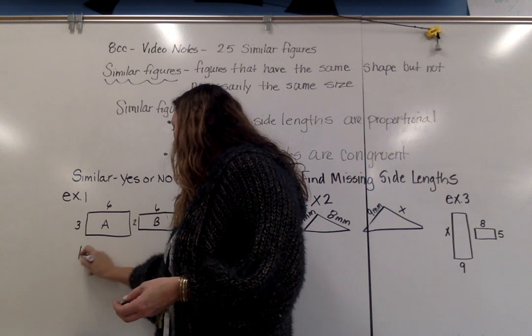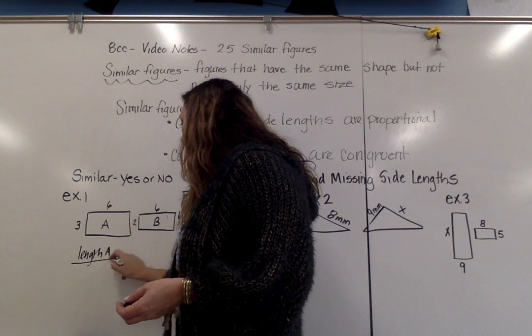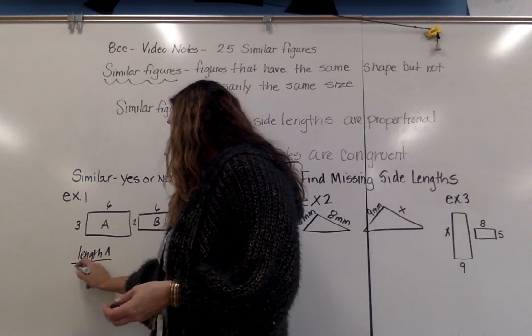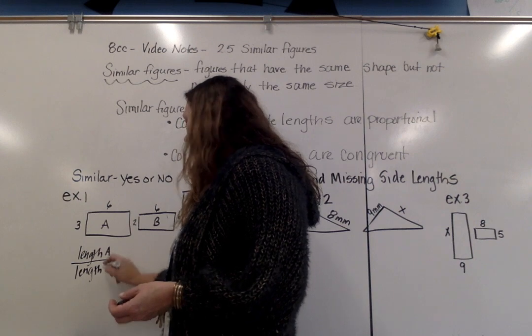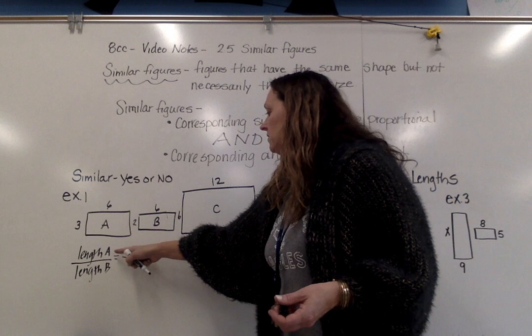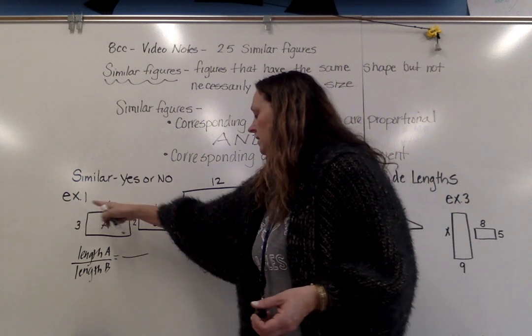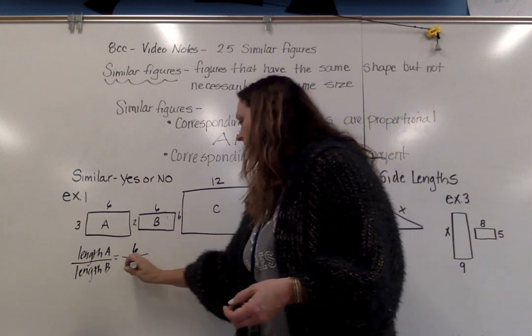In figure A, I'm going to say the length of side A, and I'm going to compare that to the length of rectangle B. So the length of A, that's 6, and the length of B, that's 6.